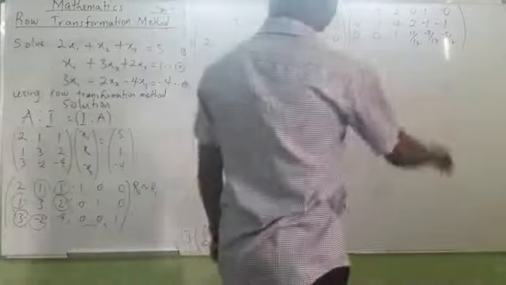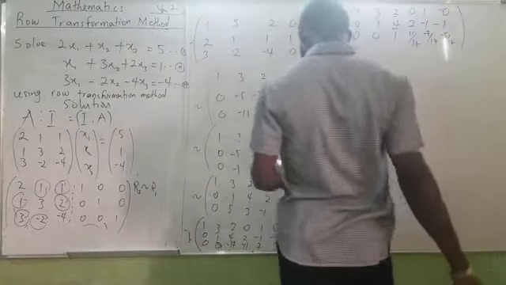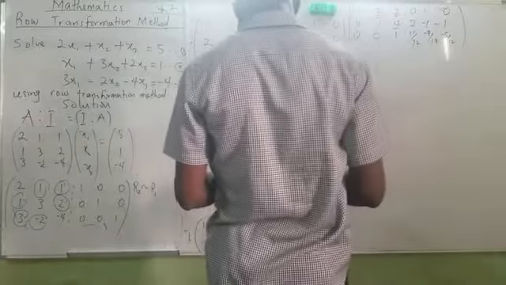Now, I have a problem with this and this and this, these three elements. How do I reduce that?